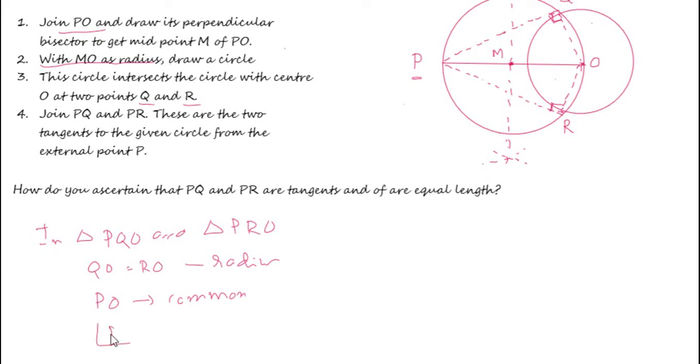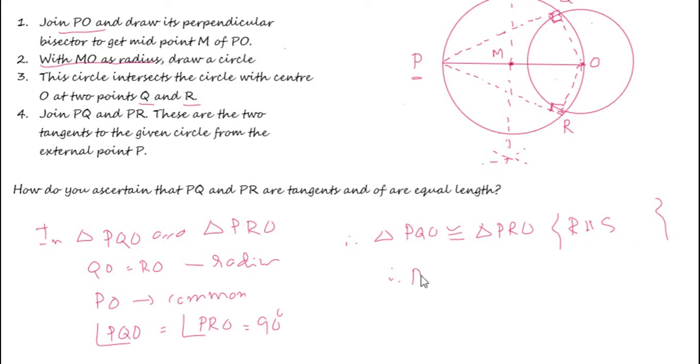Angle PQO equal to angle PRO, that is 90 degree. Therefore triangle PQO is congruent with triangle PRO. The criteria is RHS, that is right angle, hypotenuse and side. Corresponding angles are 90 degree, hypotenuse are equal, and one set of sides are equal.